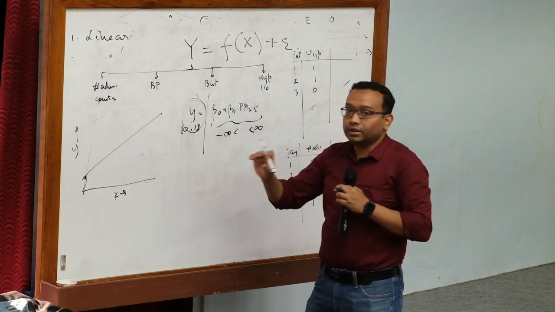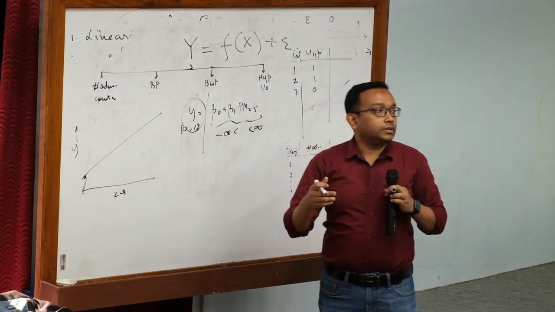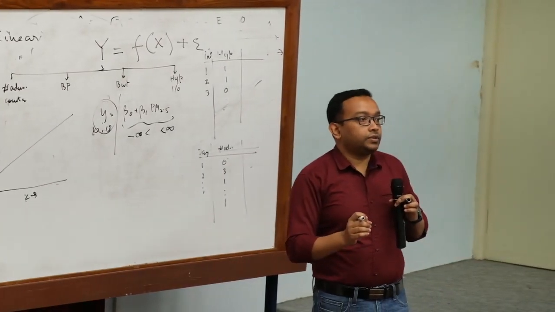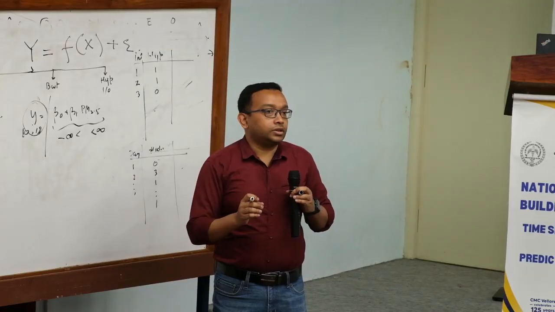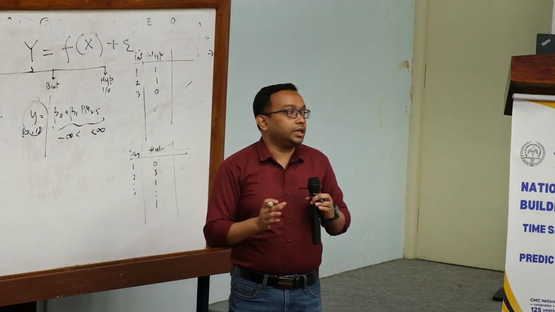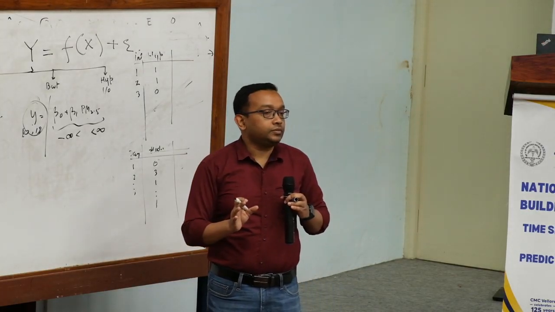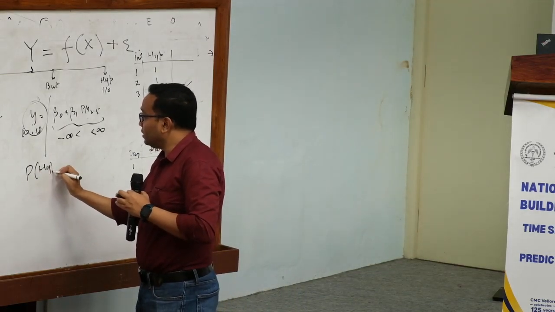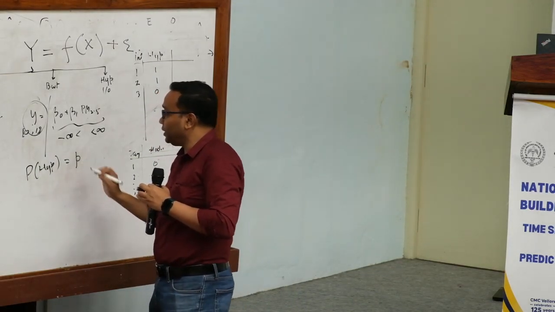Why does it come as 0 and 1? Because you are assessing someone for hypertension. So it depends on a probability of whether that person is hypertensive or not. So probability of being hypertensive or not hypertensive. Let's say this is some P.